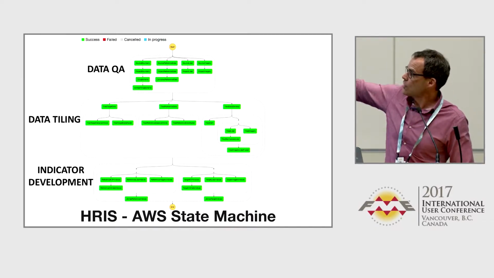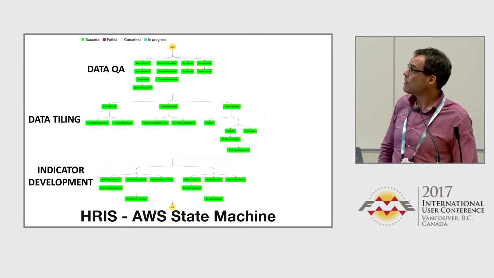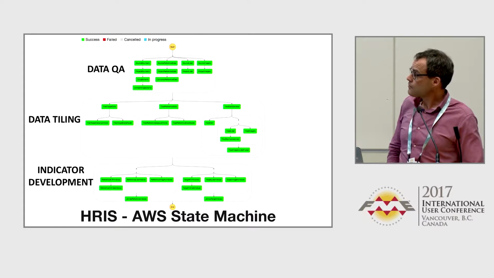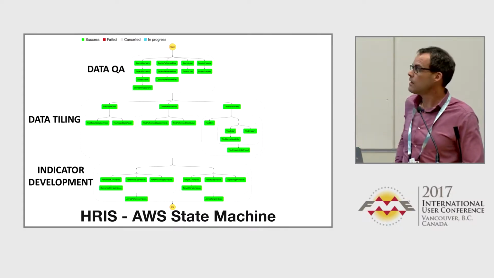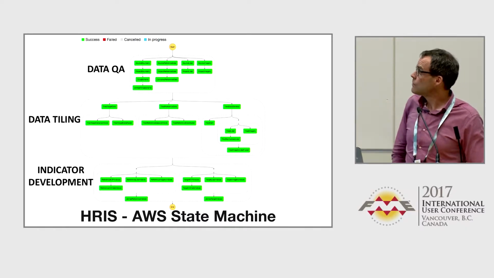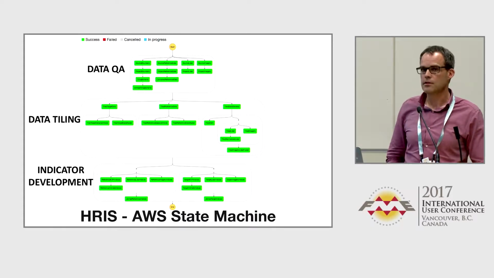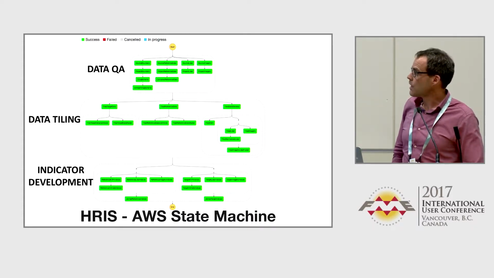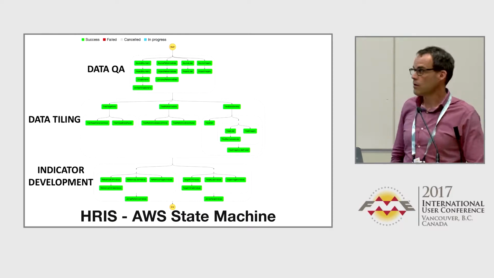The middle section is taking that QA'd data, whether it's LiDAR, imagery, and other spatial unit-related data. The middle part is tiling that data, generating DEMs, normalizing some LiDAR and generating LiDAR tiles. And then the bottom piece is the actual creation of indicators which go into our high-resolution inventory.